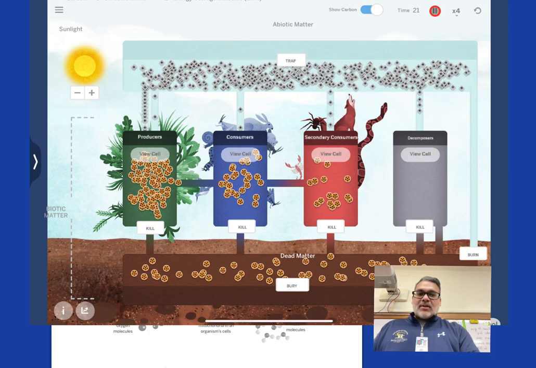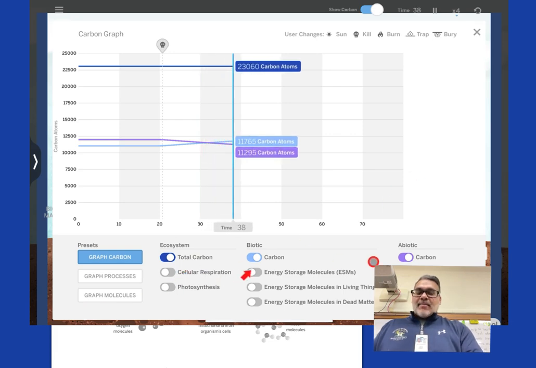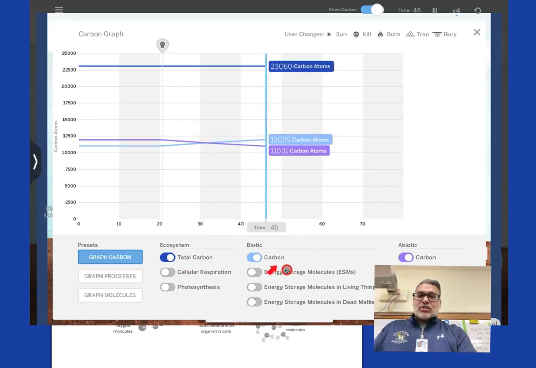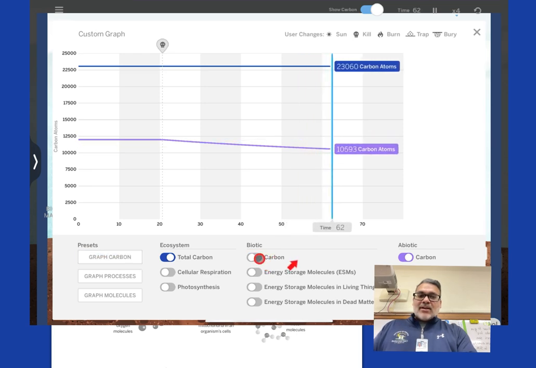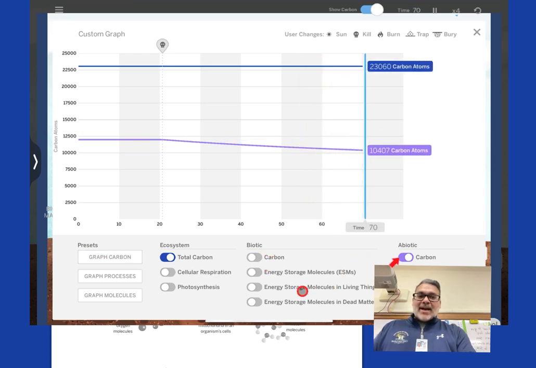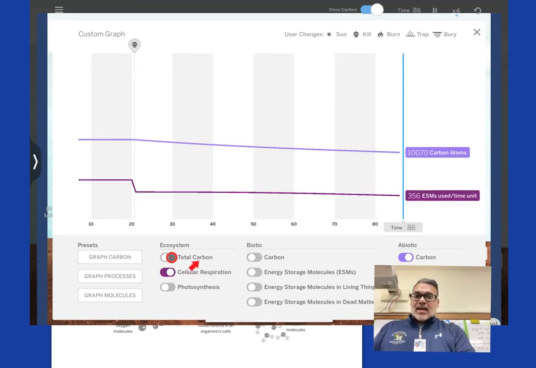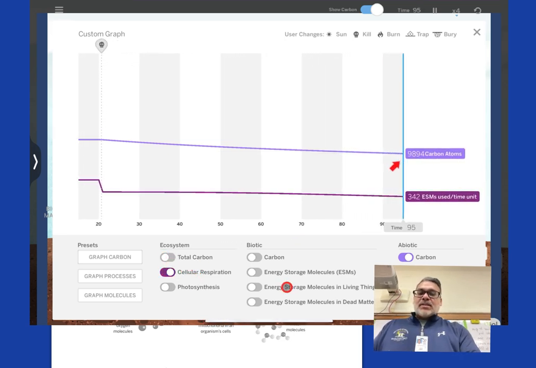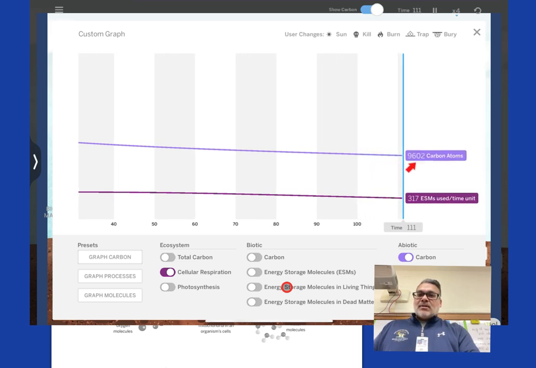And when I kill off all the decomposers, notice, I'm going to now check the graph and I'm going to turn on carbon in abiotic matter. I'm also going to turn on cellular respiration, to see what happens when the decomposers are killed. What is happening to the carbon atoms in the ecosystem?